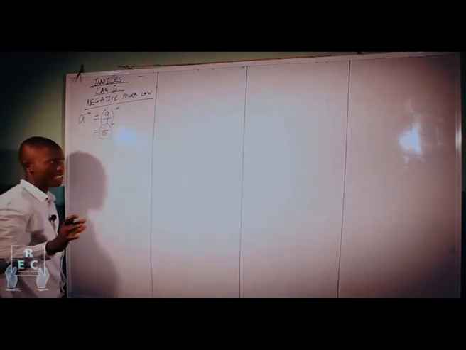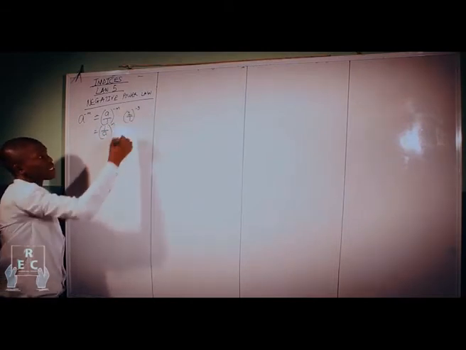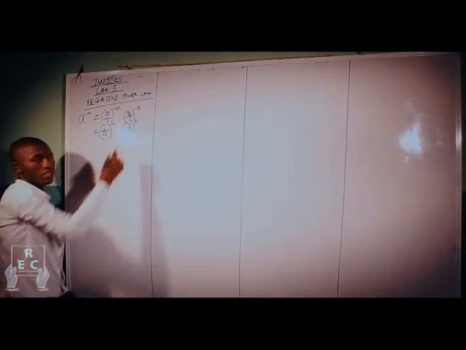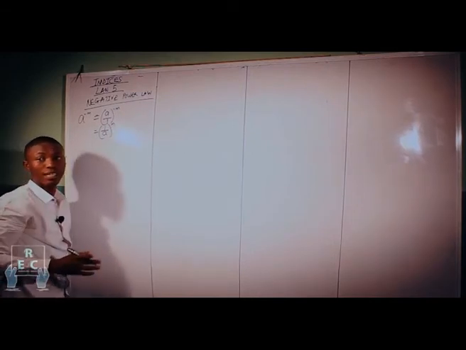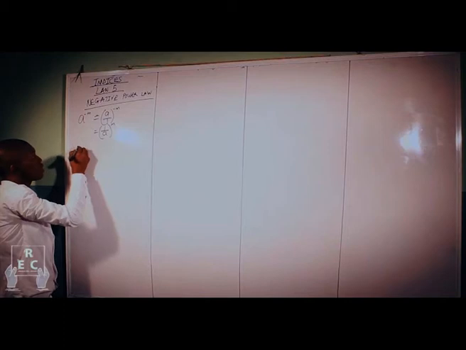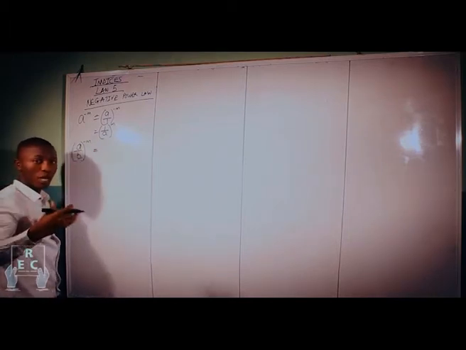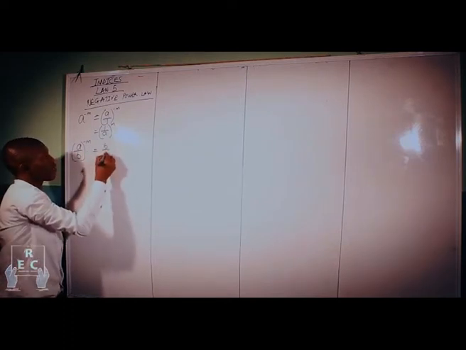Did you get what I said? For example, if I have 2 over 1 raised to the power of minus 3, it turns to 1 over 2 raised to the power of 3. You will see more examples on this. If it's a fraction, it could be a over b raised to the power of minus n. The same thing applies: the reciprocal of a over b will be b over a.